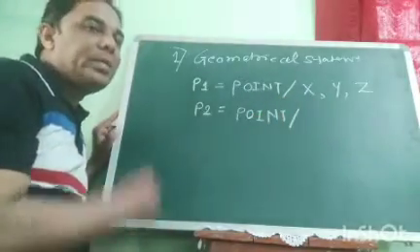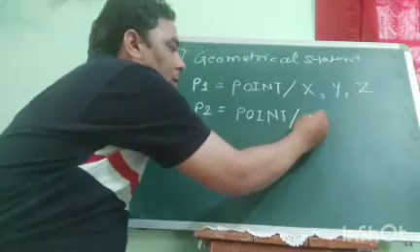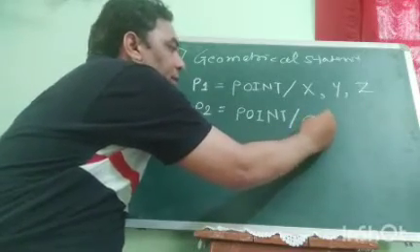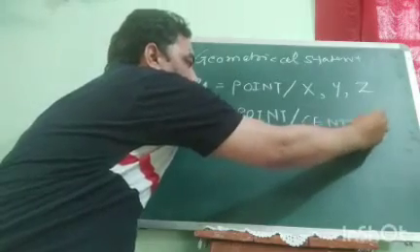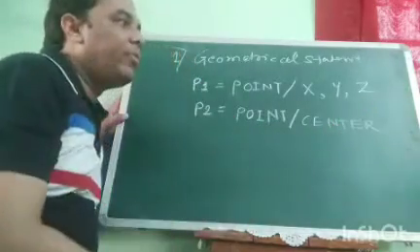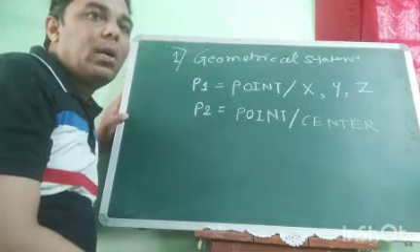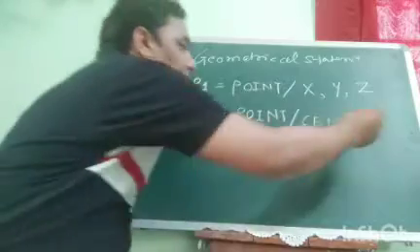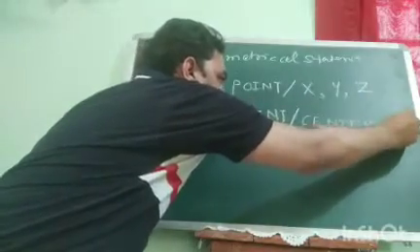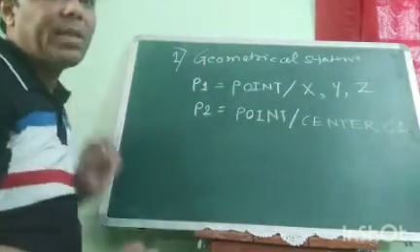Then the point lies at the center of the circle, so we write CENTER, and where it lies, at a circle C1, that indicates circle C1, like this way.